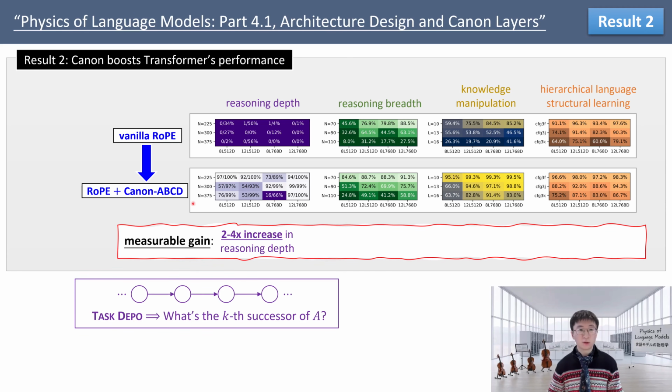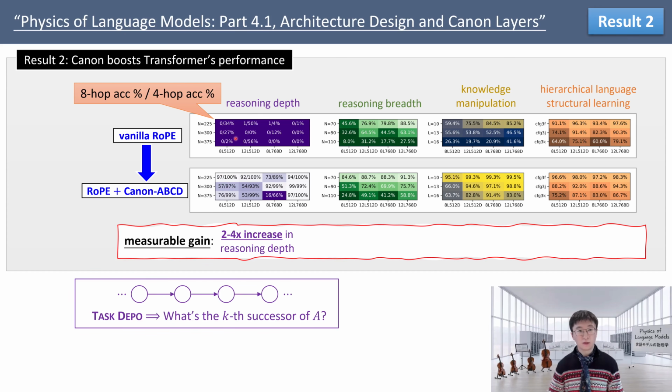So in terms of the first task, reasoning depth. That was the task I introduced in the previous video, and the very high-level idea is that I give the model a random permutation and then ask it what is the kth successor of a given node A, and this requires the model to perform some k-hop reasoning, and it cannot use chain of thought. It has to directly answer the question. So therefore, it's some k-hop reasoning task.